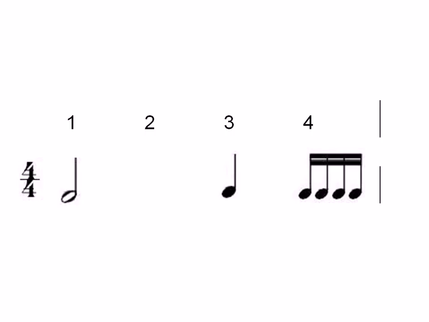So I can start singing this exercise in this way. Ta ta. But when I come to the 4th beat, when I have to sing 4 16th notes in the context of only 1 beat, I can have some problems.